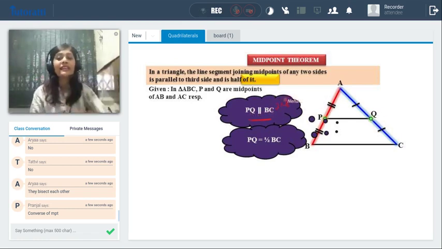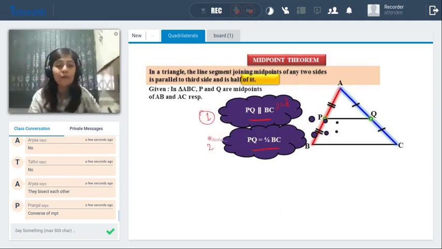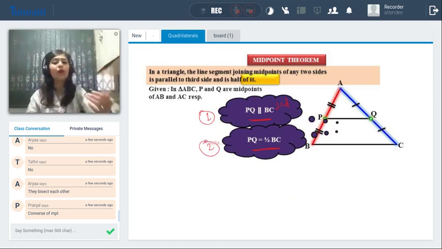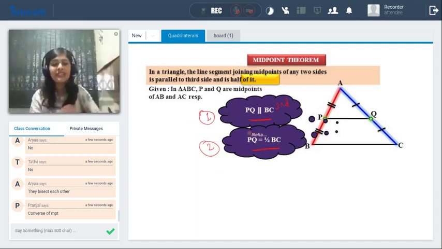Pay attention, students. BC is the third side, and PQ is also half of BC, half of the third side. We need to prove two results, so let's see what we can do. First, forget the first part and look at the second part.